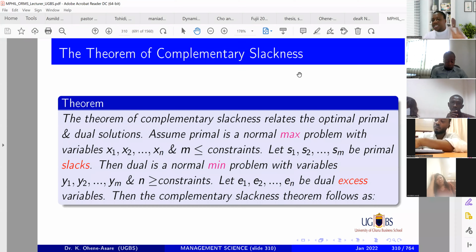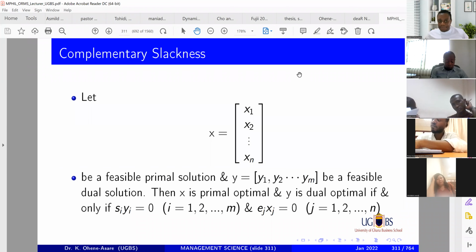The theory now says that given all of these conditions, this is the theory. If we let the matrix X represent X1 to Xn, and that is a feasible primal solution, and then you have Y being a horizontal matrix like this, that will be the dual feasible solution.